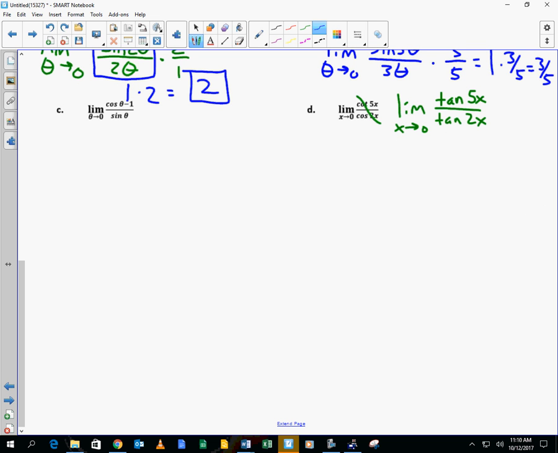What's the cosine of 0? 1 minus 1, sine of 0. Okay, so we still end up with that situation. Oh man, what do we do here? Cosine of theta minus 1 over sine of theta. Well, I wish instead of the sine of theta in the denominator, I had what instead?